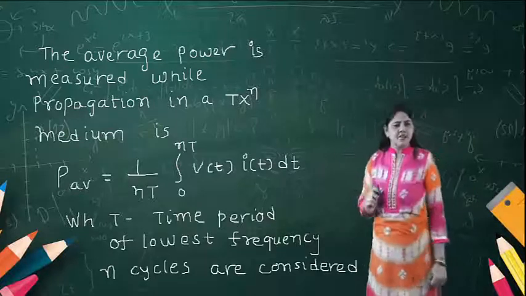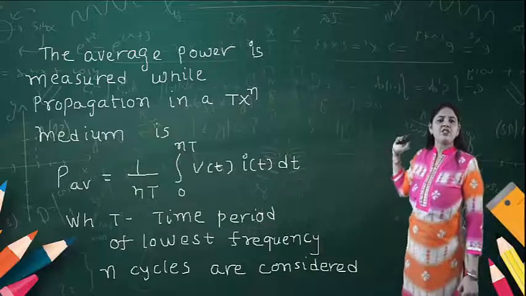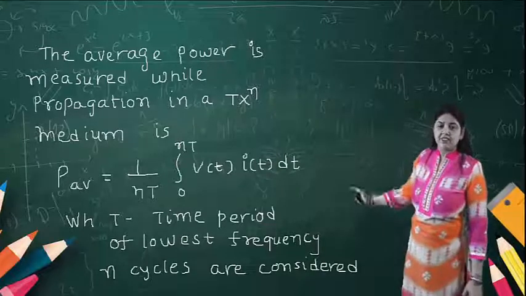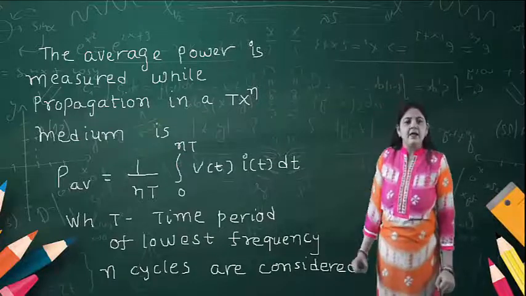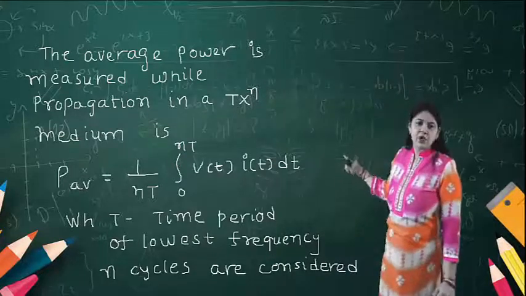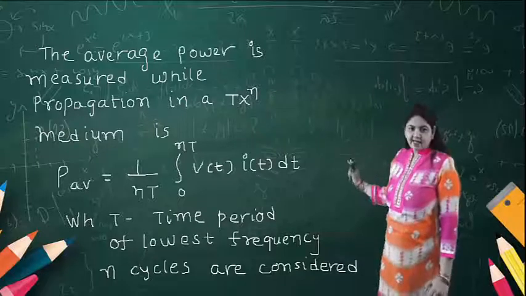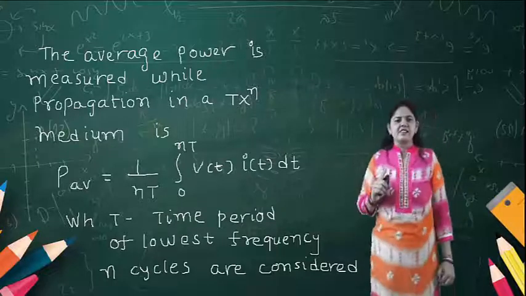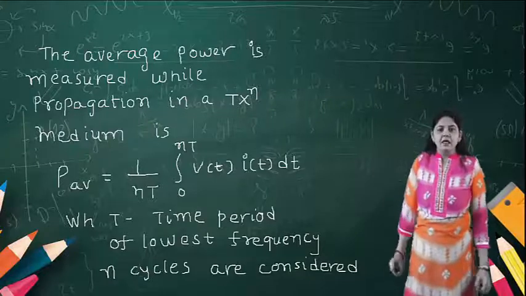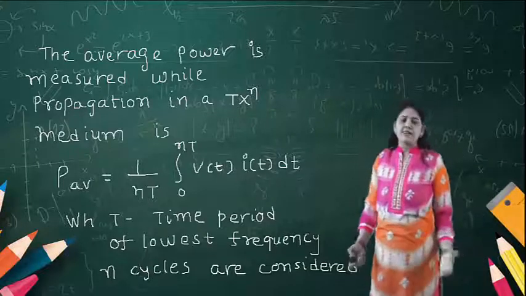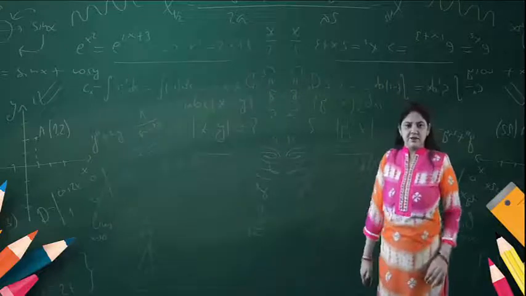Average power is measured while propagating in the transmission medium as P average = 1/(nT) integral from 0 to nT of v(t)i(t) dt, where T is the time period of the lowest frequency, and n is the number of cycles considered.